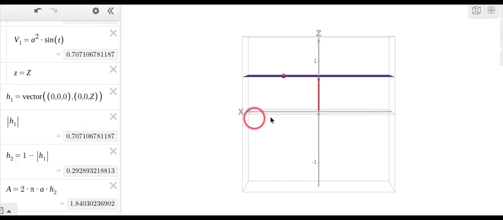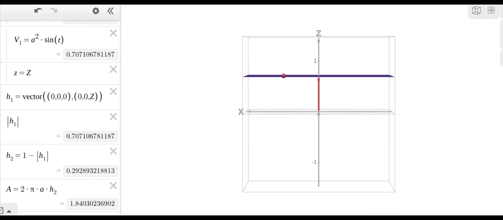So I defined a vector from the origin to this plane, okay? And you see that's how tall it is. That's the magnitude of that vector. Well, then this piece left over must be 1 minus that, right? So this is our h. So if we say 2 pi times our radius, which is 1, times that little piece, we get 1.84, which is exactly the same number we got back on our document.